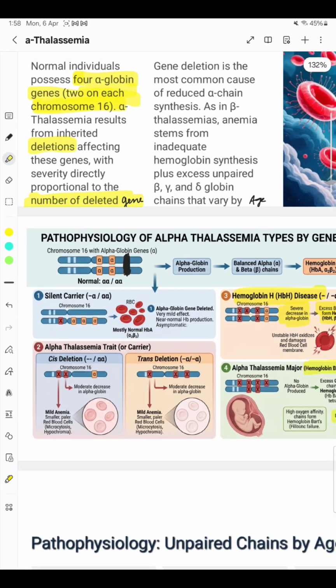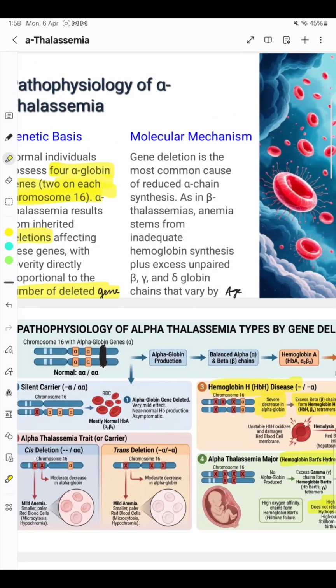More genes deleted will result in more severe disease. In the molecular mechanism, gene deletion is the most common cause of alpha thalassemia.